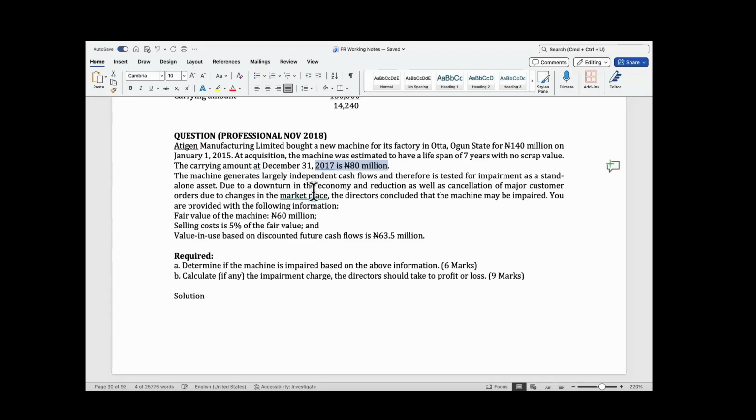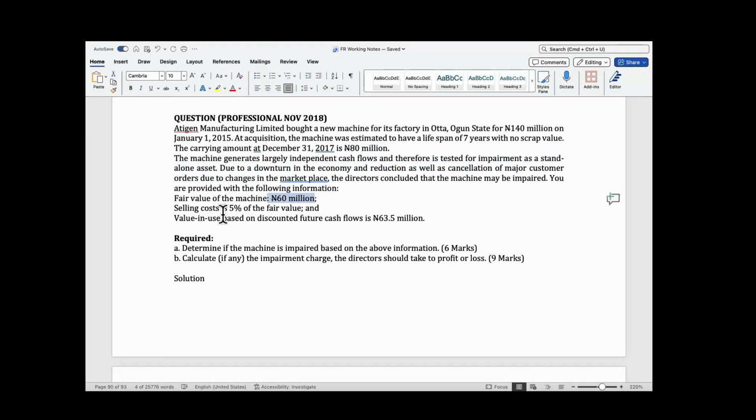Then they gave me some stories here, but I was given fair value, selling costs, and value in use. Of course, this is the higher. If you're literally looking at it, this is lower than the carrying amount, so the asset is impaired. We are now asked to calculate, and they gave you 9 marks.